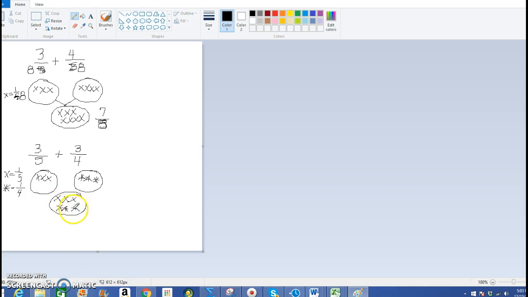And sure, I can count them up and say that I have 6 pieces, right? But I don't have a name to give to these pieces because they're different sizes. So I can't add fractions together that look like this.